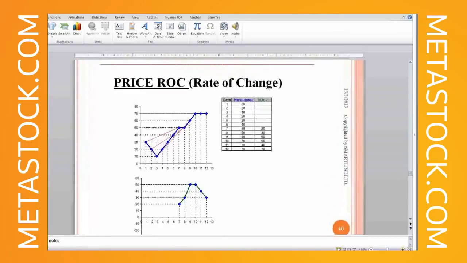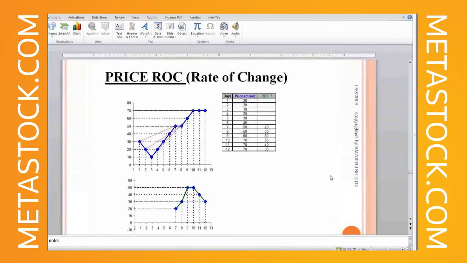Let's suppose it's the same price, but now I compare the closing price with 6 periods ago again. That means we have a stable period of days for the calculation, and we move to the right as the chart moves. Now we have 50 minus 20. Even if the price is at the same level, the difference is bigger. So for the 8th day, the reading of the oscillator is 30.